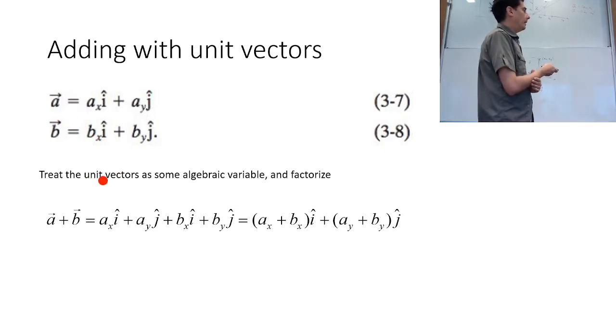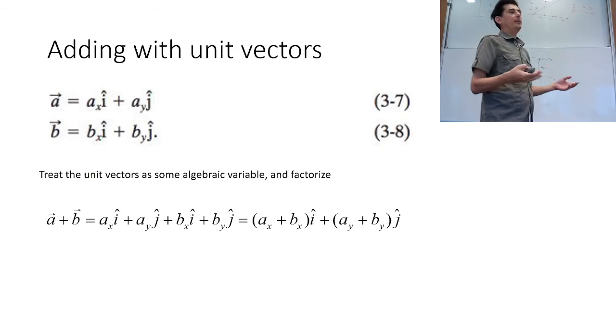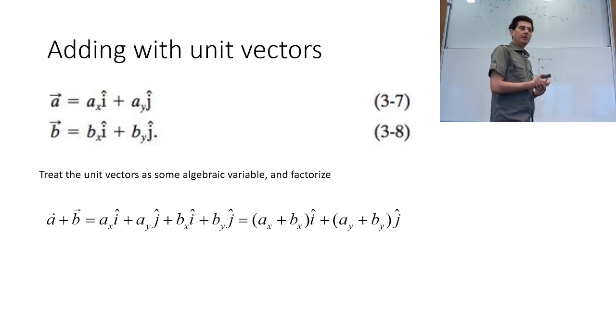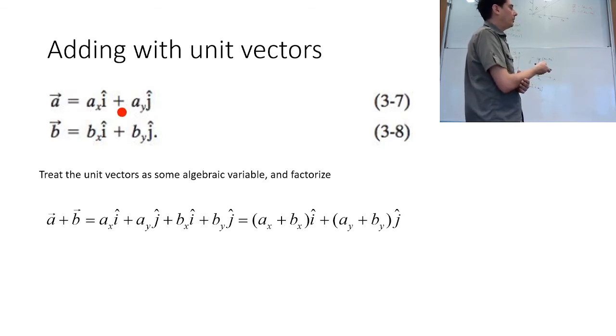Then when you add them, you do something a little like you might be used to in algebra, where you can group various terms together. We just view these things as algebraic objects. We've got 4 terms here, and here's an i, here's another i. We can factorize that and write it like this. For the j unit vector terms, we've got ay, by, and we can rewrite it like that.